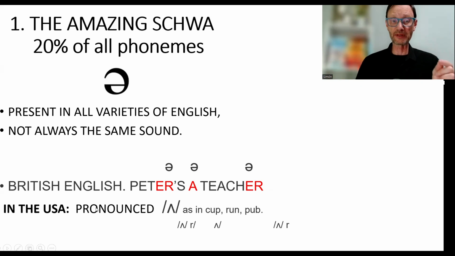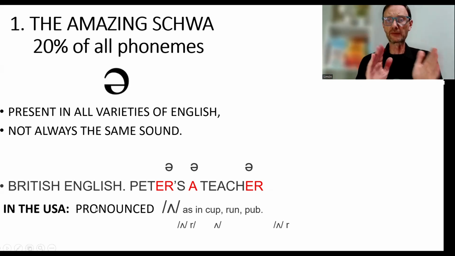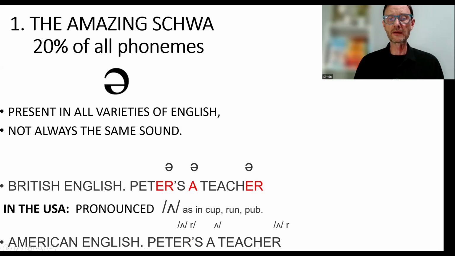But in the USA, it's pronounced similar to the R sound, with a type of an R sound at the end in these cases. It's more R than in British English. That's why I've included it, to distinguish it from the Americans.